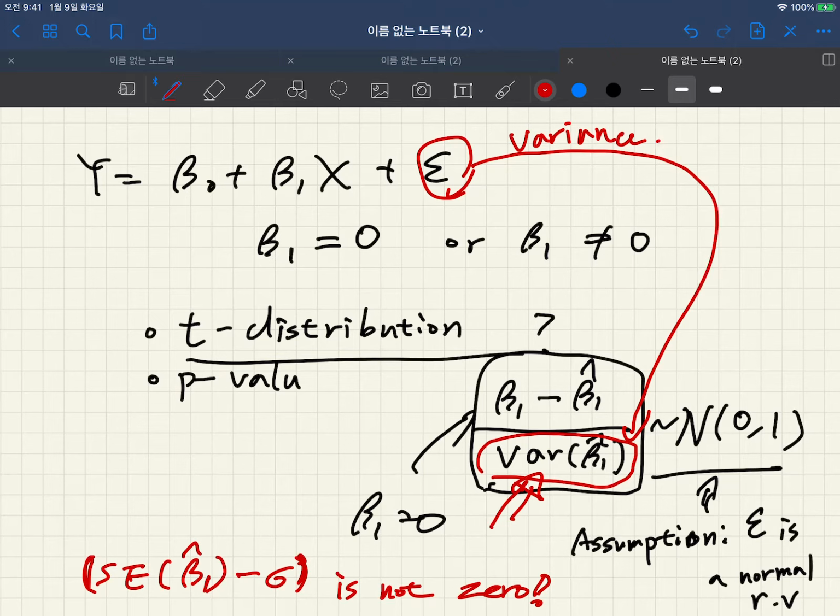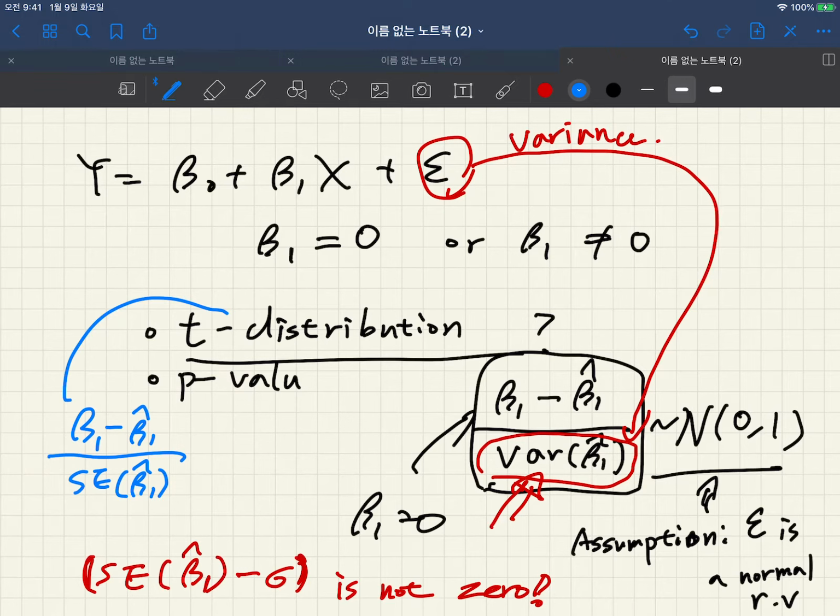But this is a very long-standing problem, and many statisticians have worked on this topic, so they invented a new distribution called the t-distribution. Essentially, the t-distribution just replaces the variance of beta 1 hat by the standard deviation of beta 1 hat.